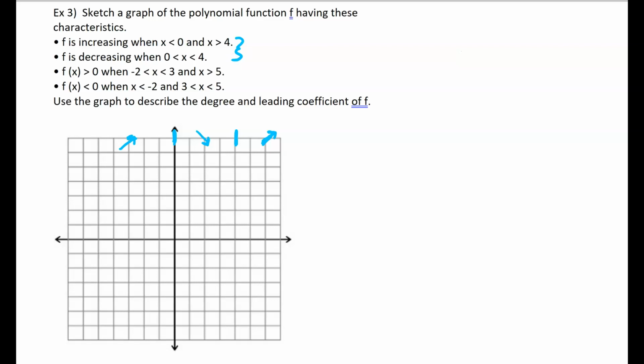All right, so the next part, f of x is greater than 0. What does that mean? Y is greater than 0. Okay, y is greater than 0, which means y is going to be positive when x is between -2 and 3. So I'm going to mark -2, and I'm also going to mark 3.